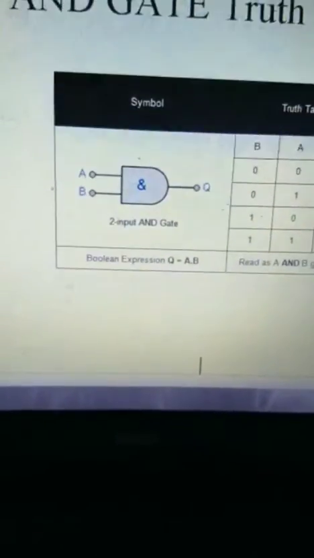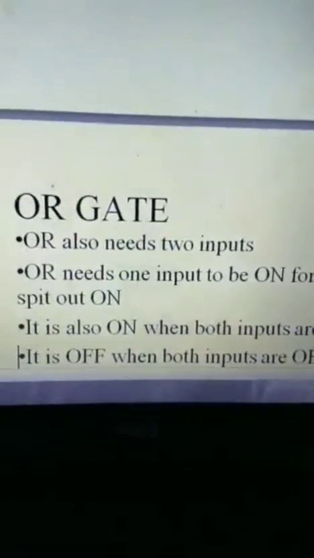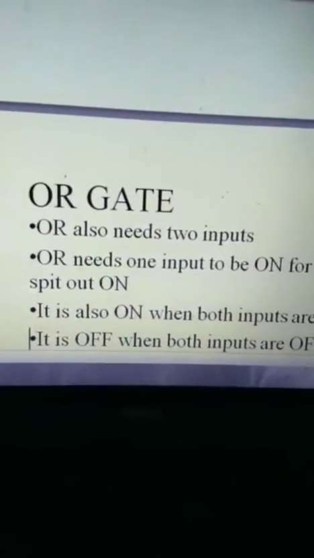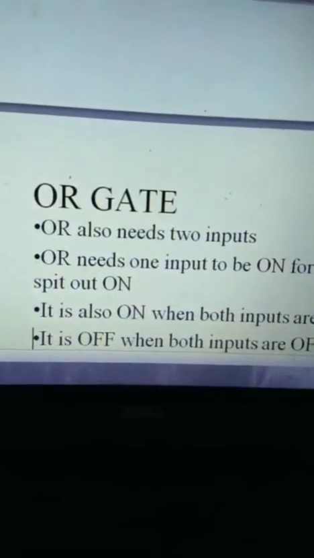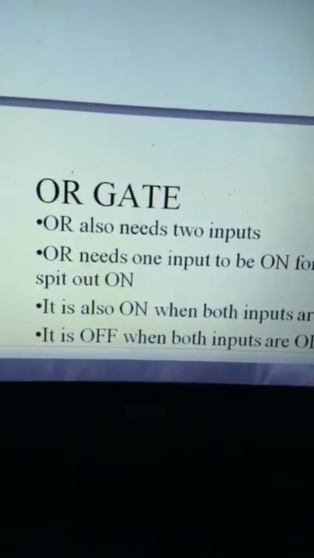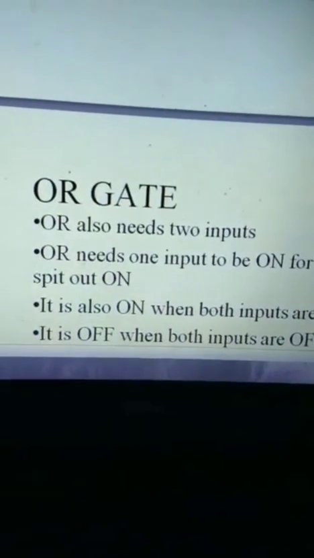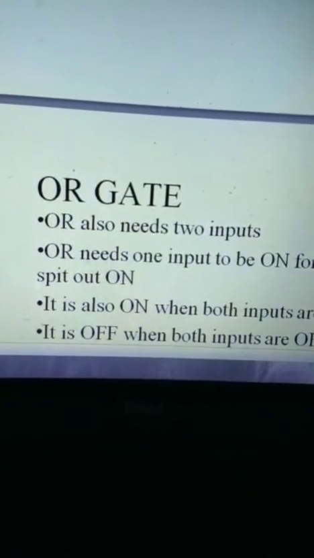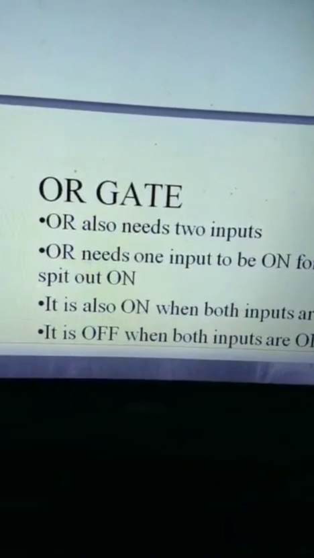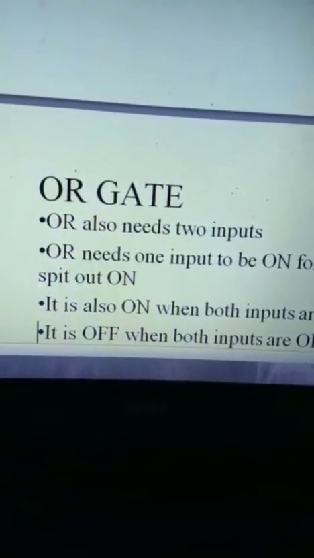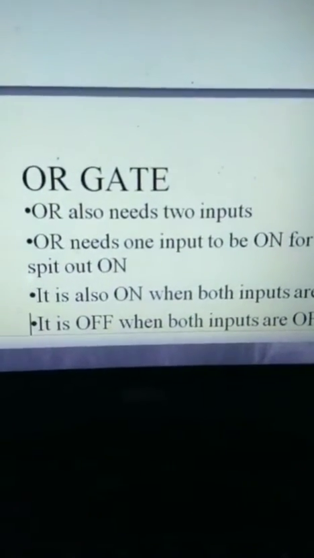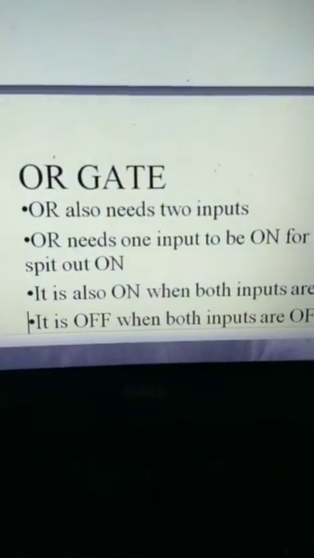Next, come to the OR gate. The OR gate also has 2 inputs, but it will not multiply the inputs, it will add the inputs. So for that reason, if any input is 1, it will give you the true value. What is the true value? It is 1.